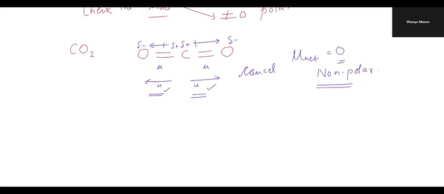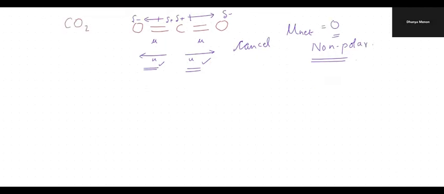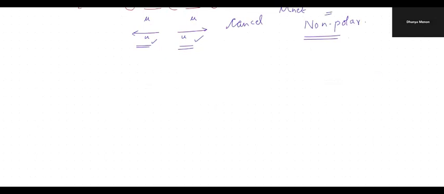So these two cases you must remember: when mu is equal to 0, the molecule is non-polar. If mu net is not equal to 0, then it is polar.